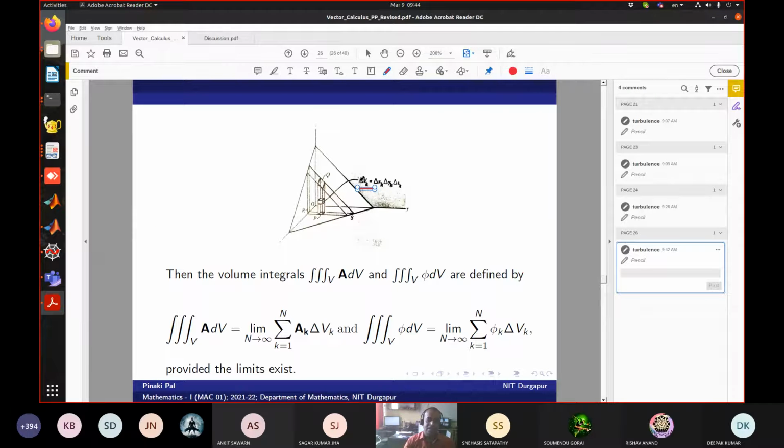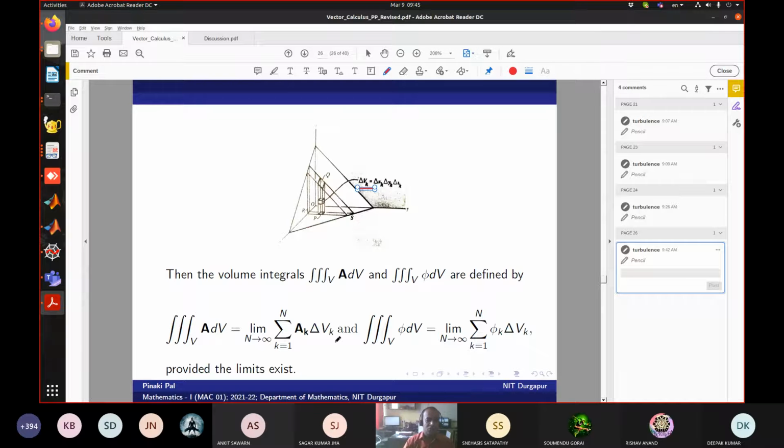From that region we'll take a point, and at that point we'll calculate the value of the function, whether vector or scalar, and then we'll form the sum and fill the entire region. That can be done approximately by considering very small rectangular parallelepiped regions, and if the limit of this sum exists, it is called the volume integral.